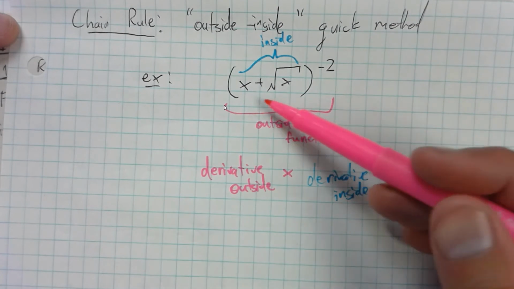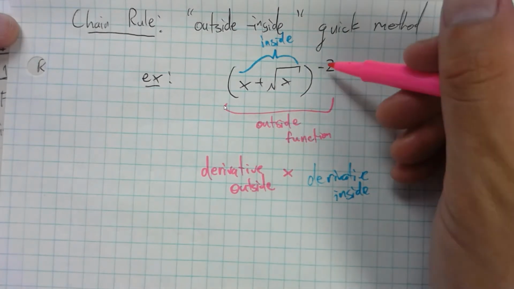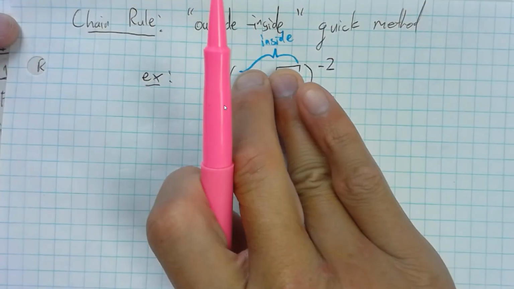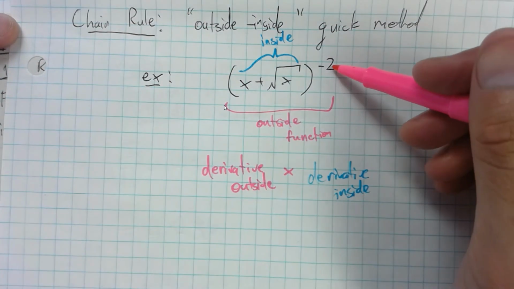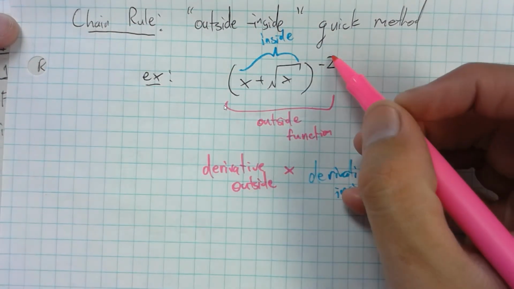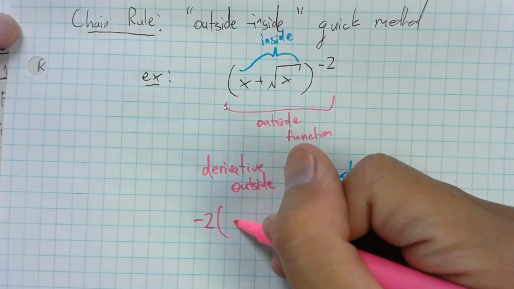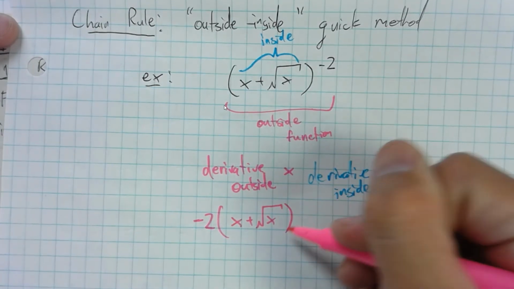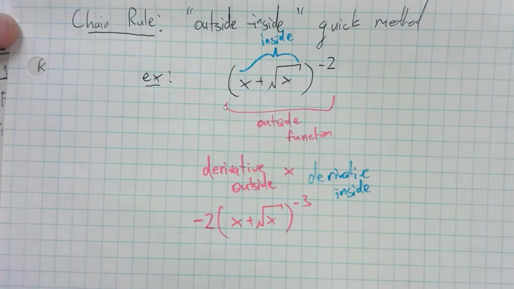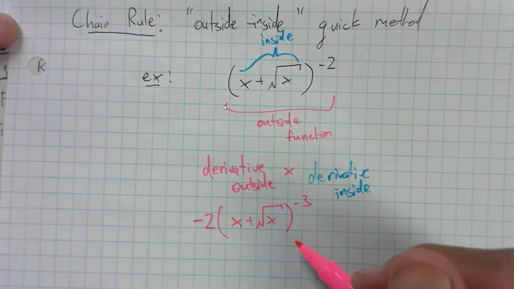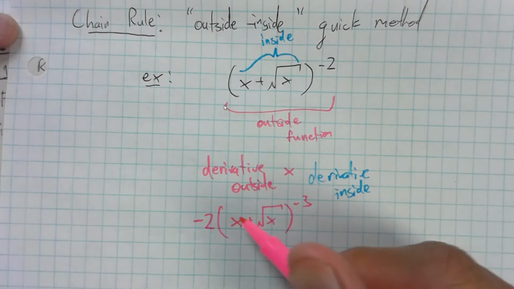So the outside function is, I notice that whatever's in here could be just like a blob. If it's to the power of -2 and it's a variable inside, I'm going to take down the exponent in the front. So it'd be -2 times x plus, and we don't touch the inside. The inside stays stagnant, but then you just work with the power rule out here, okay?